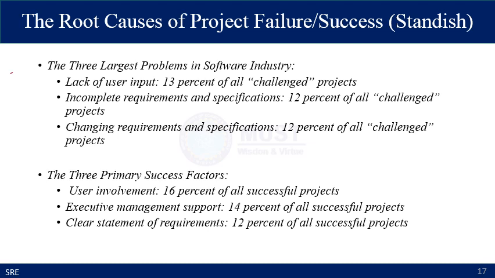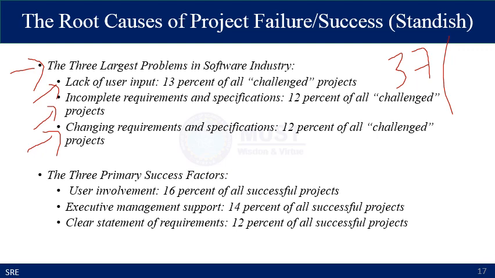The three largest problems in the software industry are lack of user input, incomplete requirements and specifications, which again refers to the user input, and changing requirements, which is again related to the users and stakeholders of the system. Collectively, about 37% of the projects failed or were related to the requirement gathering process.